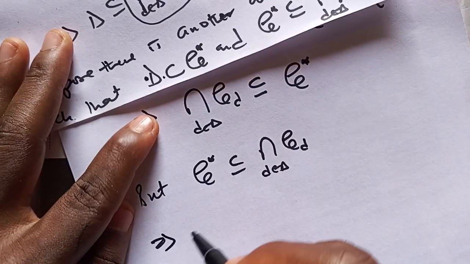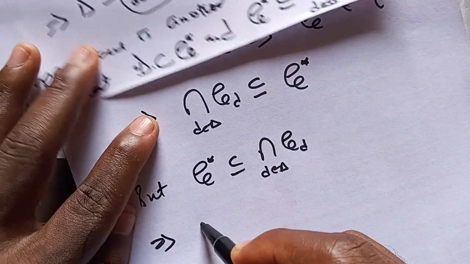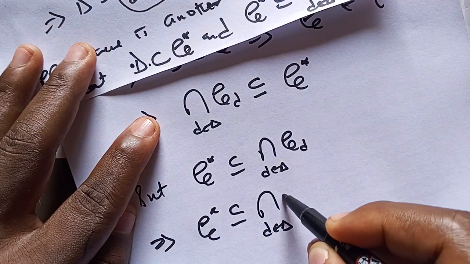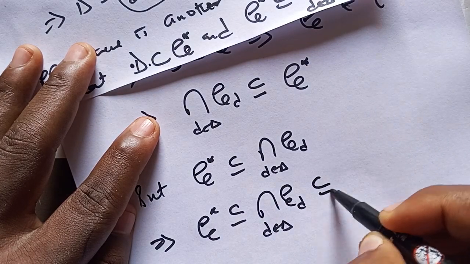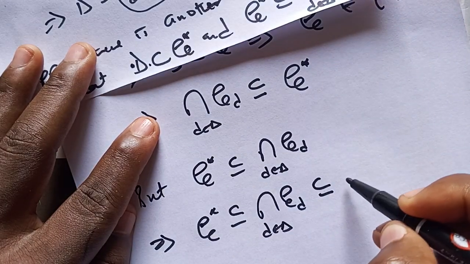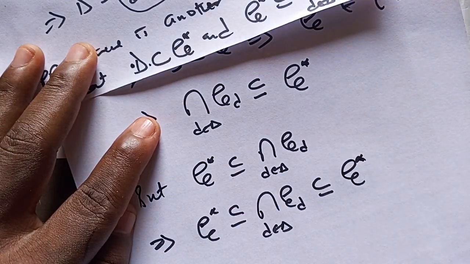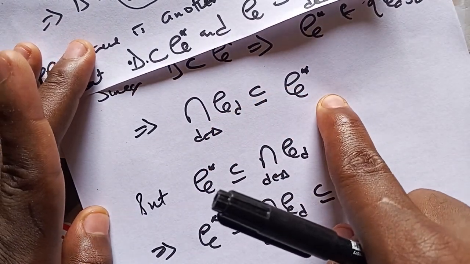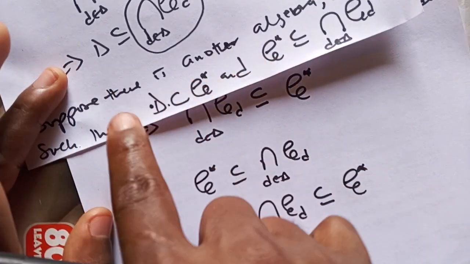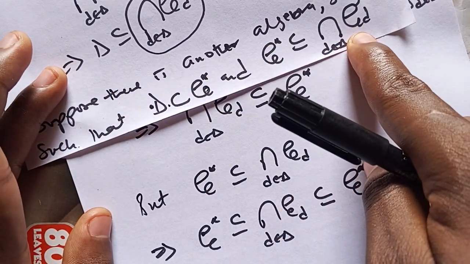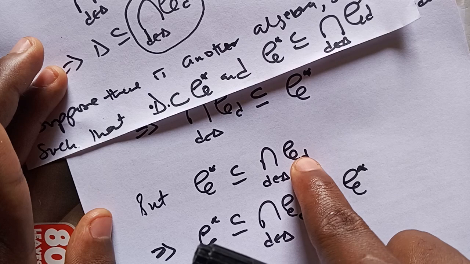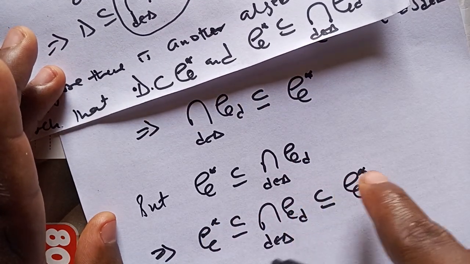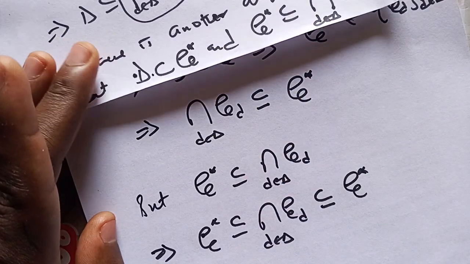So this implies that A star is a subset of this intersection, and this intersection is a subset of A star. Remember, we said that this implies that this is a subset of this, and from our assumption this is a subset of this, right? So this implies that this is a subset of this, and this is also a subset of this from here, right?